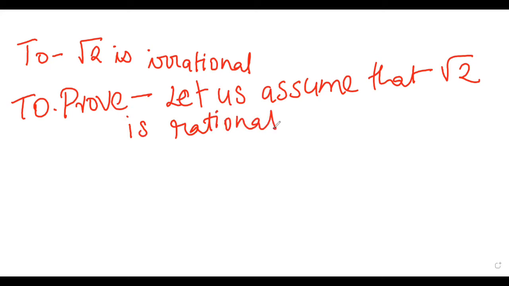Because the proof which we are going to do is a proof by contradiction, where we assume the opposite of what we are going to prove. Now, since root 2 is rational, we can express root 2 in the form p by q. This is only our assumption that it is rational.